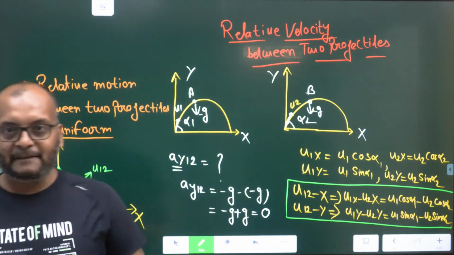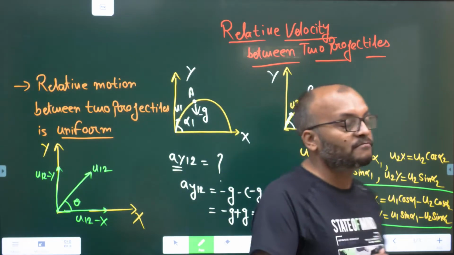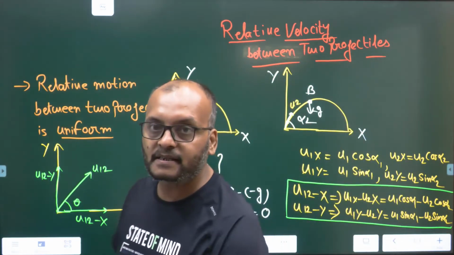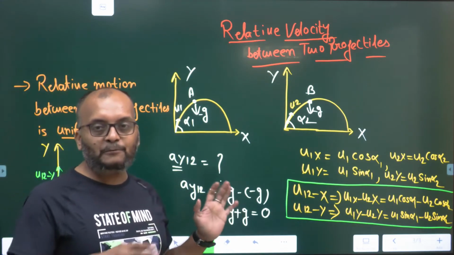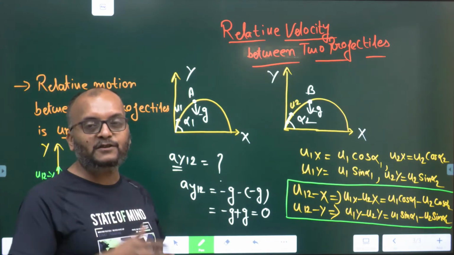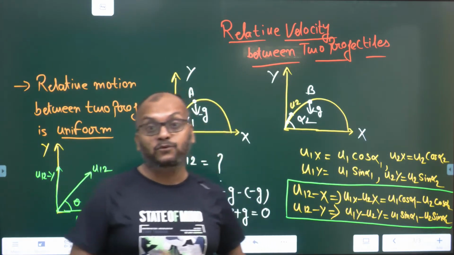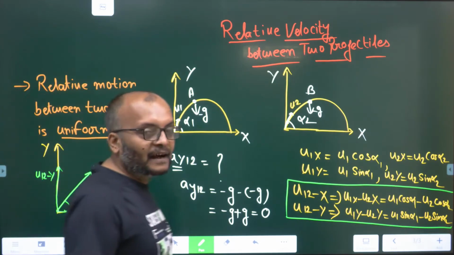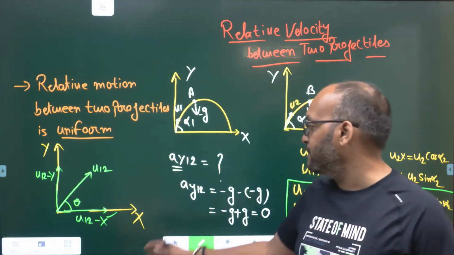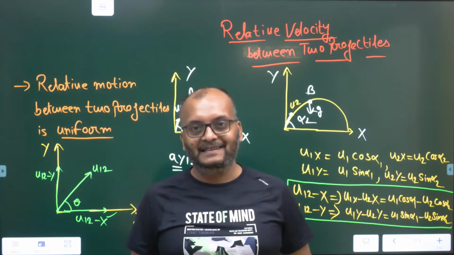So now, if the question asks you, it has come 3 times in IIT JEE Mains. I am talking about those years when Pre and Mains was there, not Mains and Advanced. So twice in Mains, once it has come in Pre also. They asked this value of theta: what will be the angle between the two different projectiles?